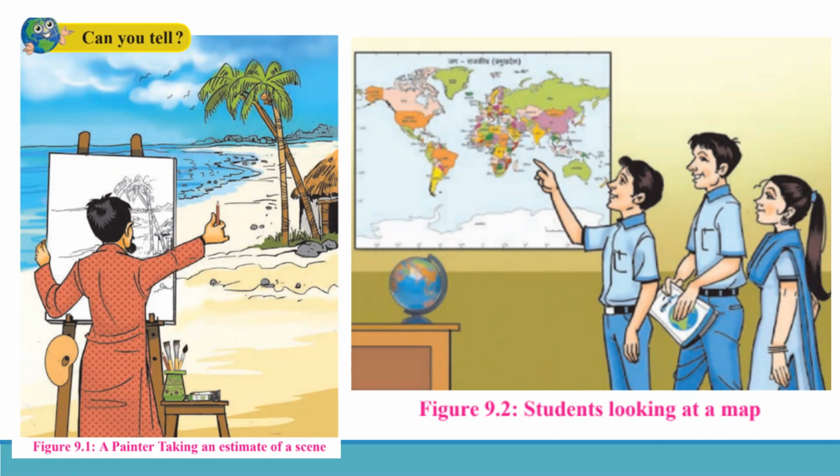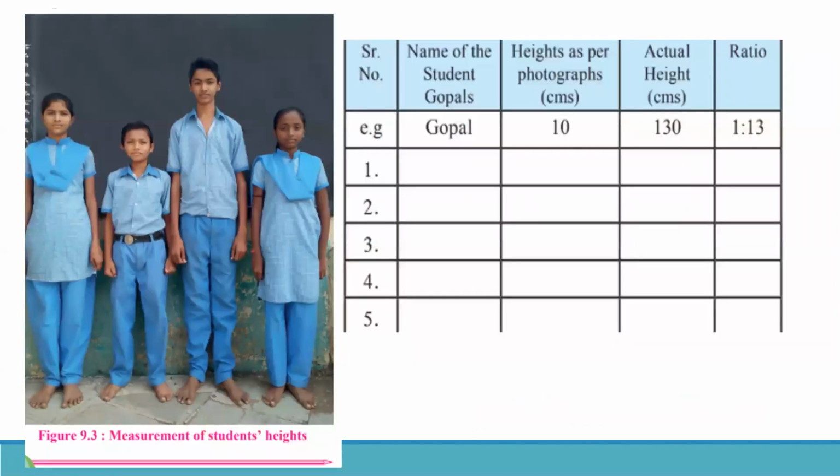Now, you will see in figure 9.3, some students are standing. There's a picture taken. Now, if you were in class, there was an activity to be done. Since it's not possible, in case we were in the class, we would make a group of 4 or 5 children standing against the wall and marking their height.